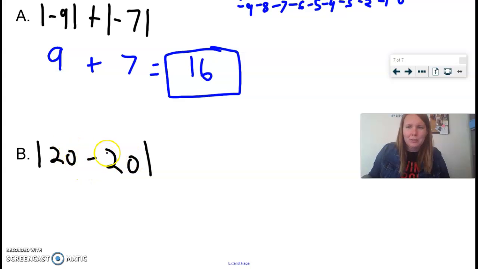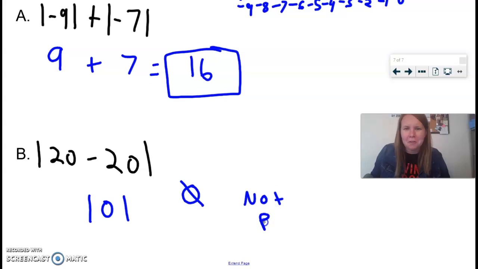Well, 20 minus 20 is 0. Absolute value of 0. How far away is 0 from 0? This is the same question we had before. I guess you could say 0 or not possible or no answer. That would be fine too, because you didn't leave 0.